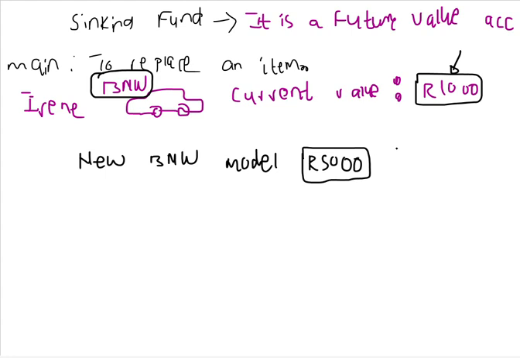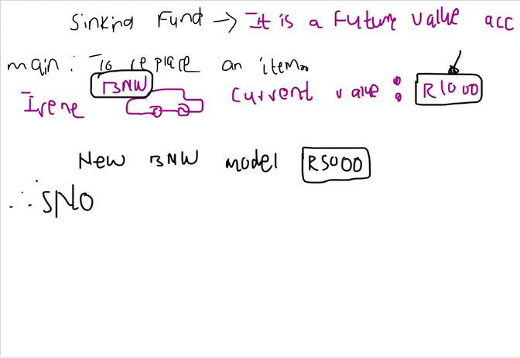I already have 1,000 which I can use to buy this new model, but I have to know how much I must add to the current value to find the amount to save. In other words, you must use the mnemonic SNO.